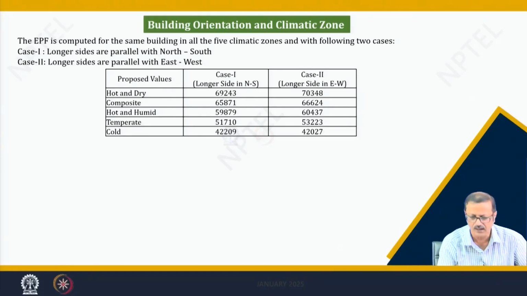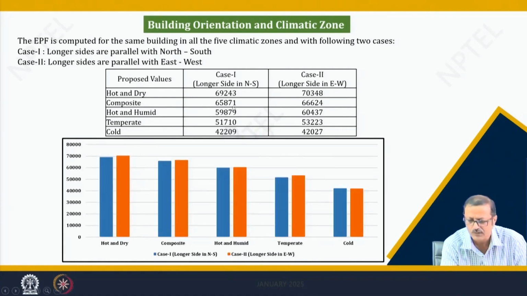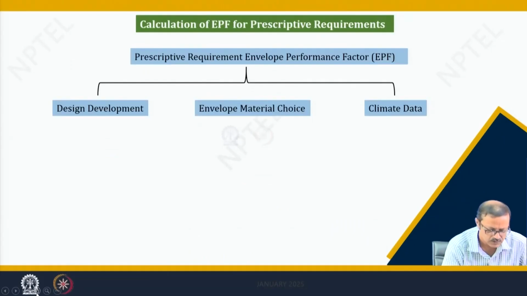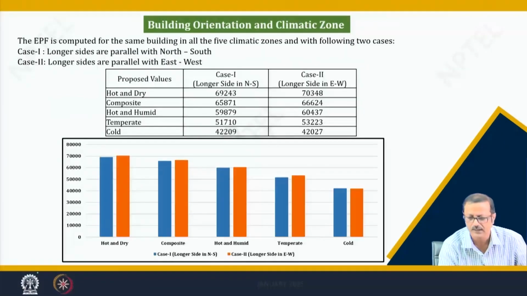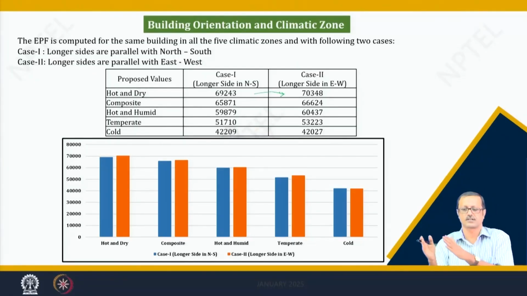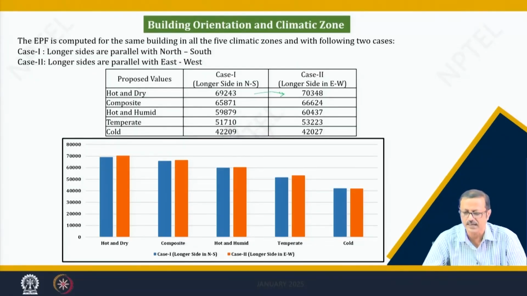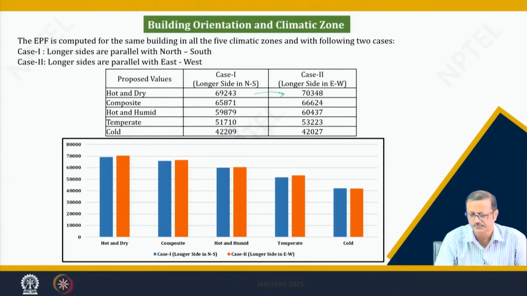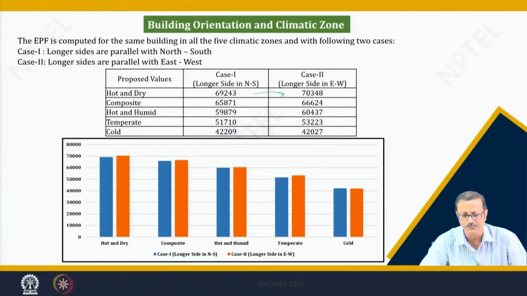I think I have a graph also, yes. So, you see this is a little bit of a hike. Let me go back. It is a little bit high in case the longer sides are east and west. These orange color towers are a little higher than the blue color ones.